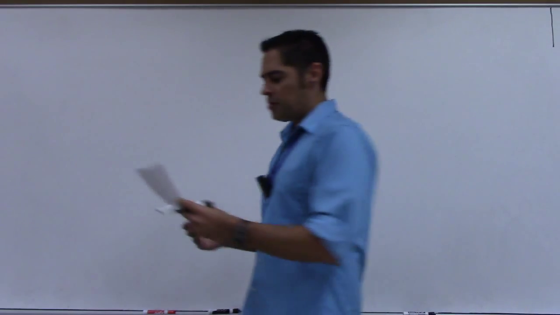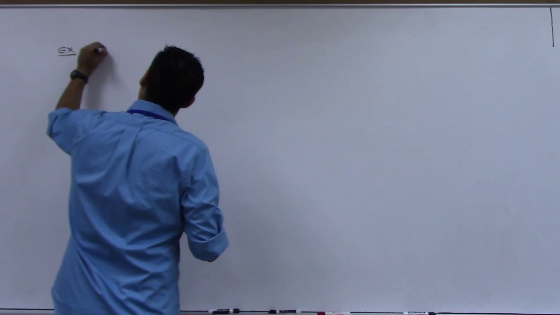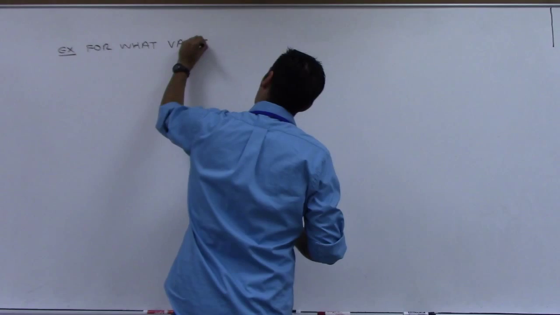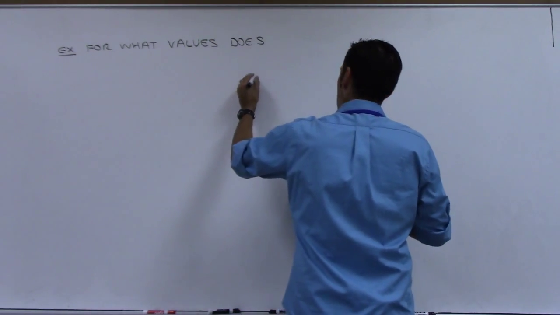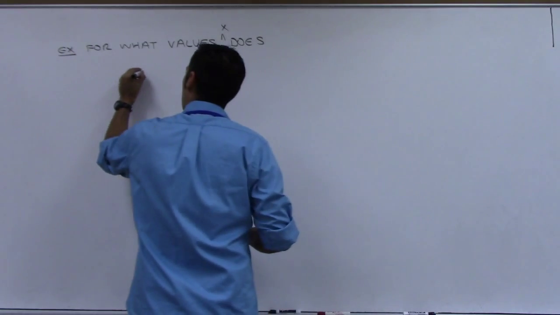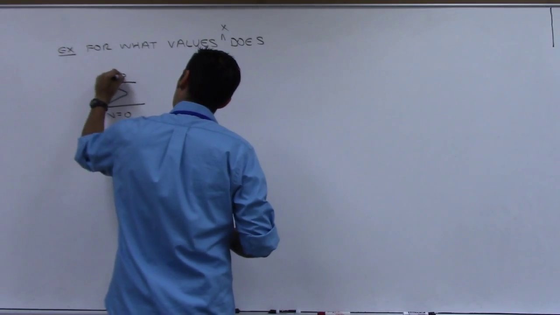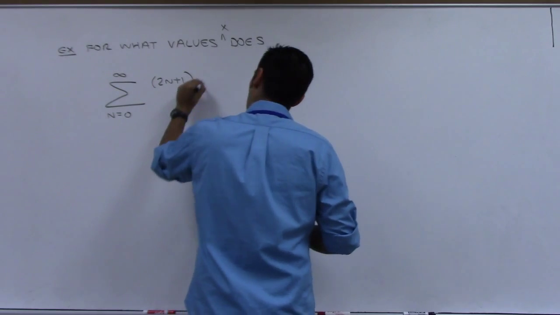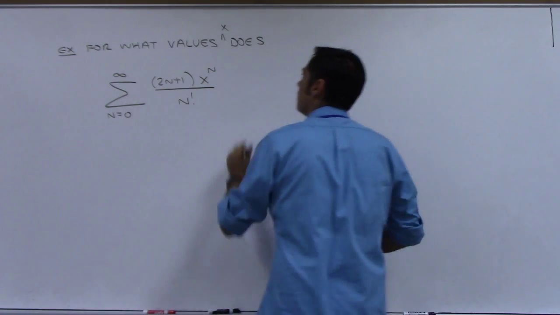For what values of x does this converge? The sum n equals 0 to infinity of (2n plus 1) times x to the n over n factorial.